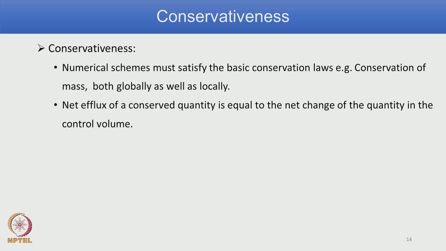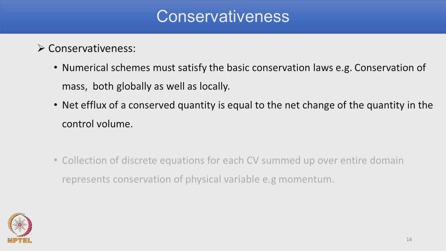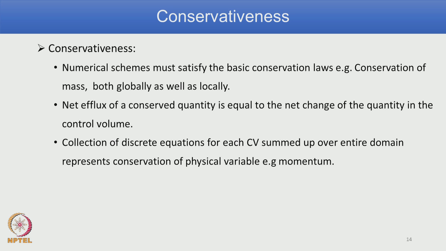So, if you consider the entire domain, then net quantity is also conserved. So, the collection of discrete equations for each control volume is summed up over the entire domain, and it represents conservation of the physical variable. So, if you are trying to get the definition of conservativeness explained using a variable, say momentum, then that should be satisfied for the entire domain.